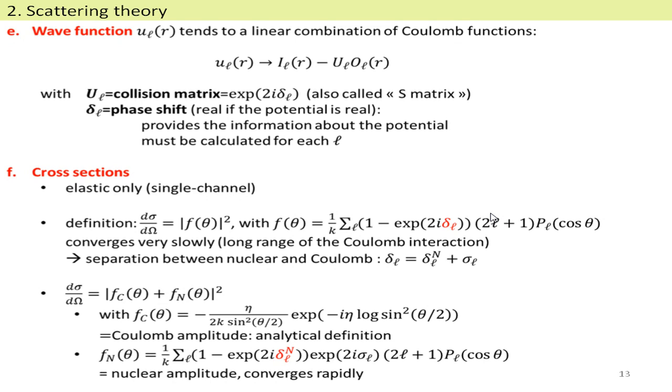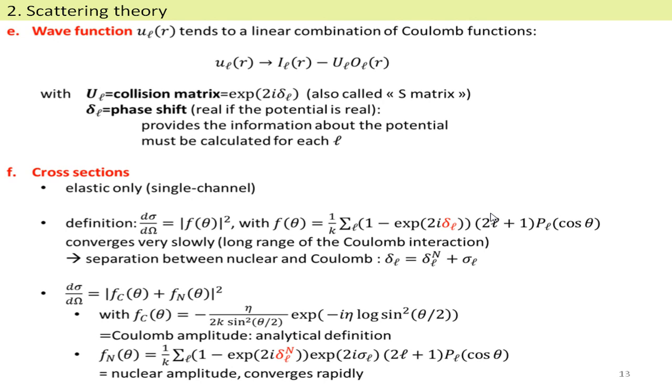And this delta is real if the potential is real, and then when you compute it for each L, you can determine the elastic cross-section. So probably this is something you have seen last week. So you just compute the scattering amplitude, F, from this expansion over L, where you have here the phase shift and here the Legendre polynomial.